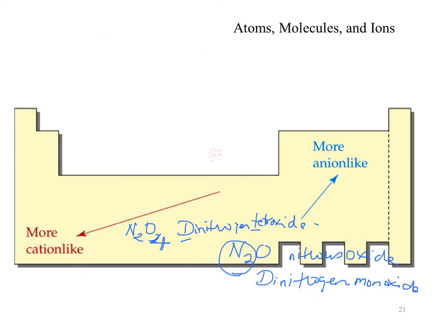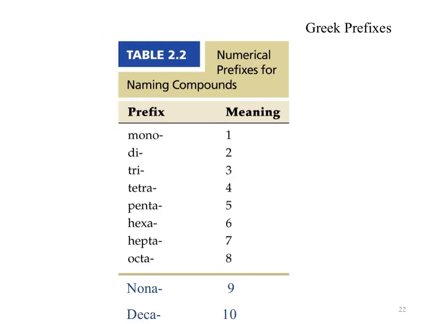All right, so let's see if we can apply this information further. So this slide basically gives you all the Greek prefixes up until nona for 9. So mono, di, tri, tetra, penta, hexa, hepta, octa, nona, deca if you had 10.